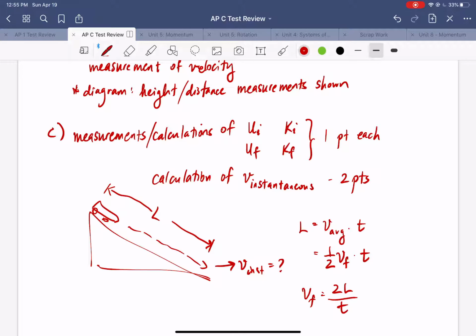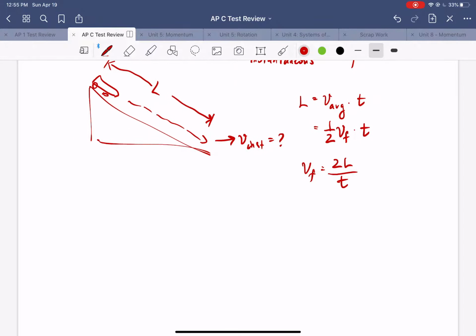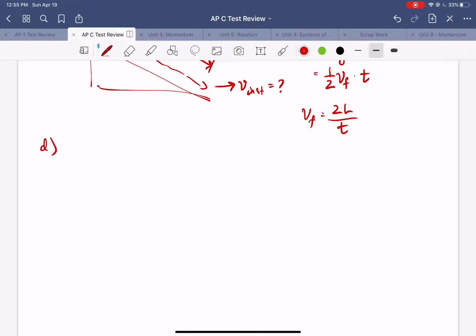Okay, parts D and E ask you to think about how you might analyze the data for this hypothetical experiment. For part D, it says, after your first trial, your calculations show that the energy increased during the experiment. Of course, that should not happen, so we want to think about something that might have happened in the course of conducting this experiment that would explain this.